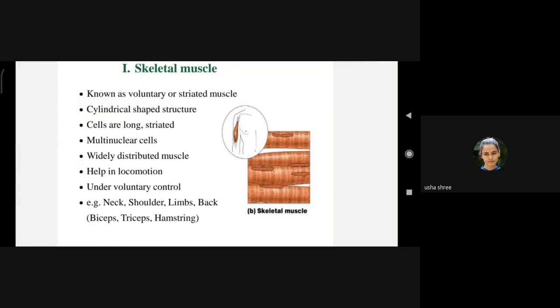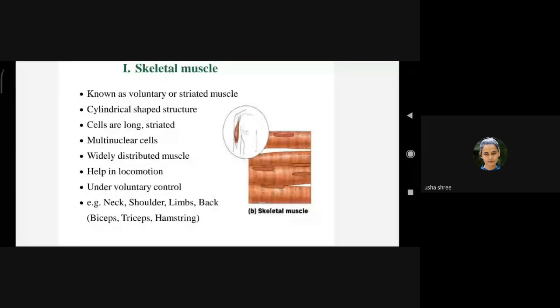Maybe this logic is not right because I'm not telling it as per scientific evidence. It's just my logic. I may be wrong, but I think this might be because these cells are larger and they have more than one nucleus.